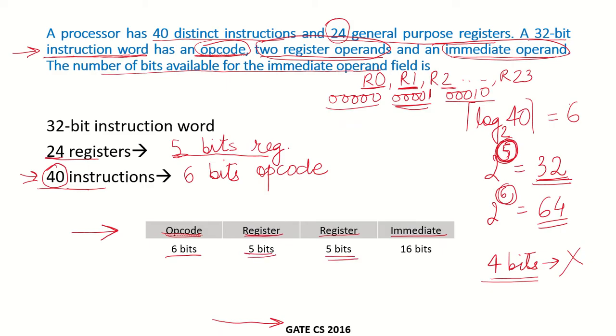The total instruction is 32 bits long. Out of these 32 bits, if we subtract 6, 5 and 5, we are left with 16 bits. So only 16 bits are available for the immediate operand field. This is the answer, 16 bits.